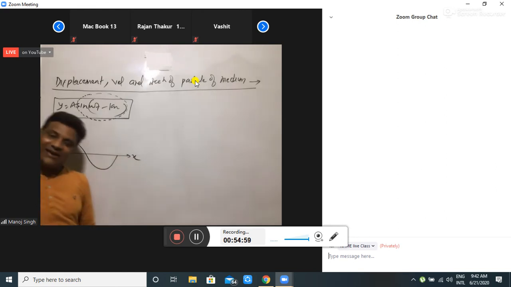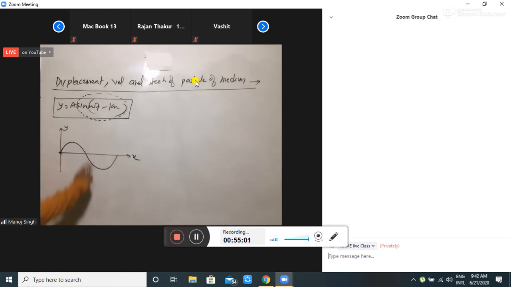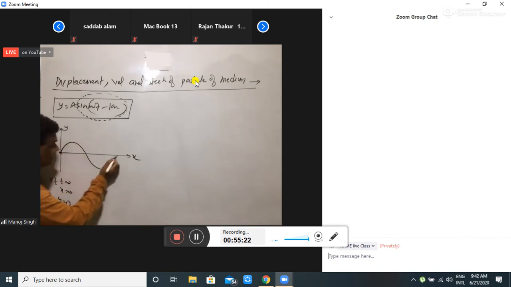Y equal to 0 means the particle starts from the mean position. The wave is traveling towards positive x direction.